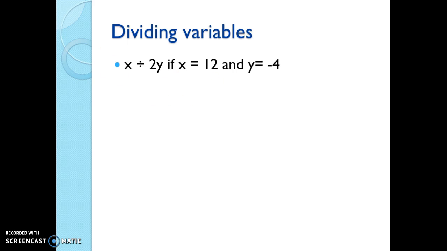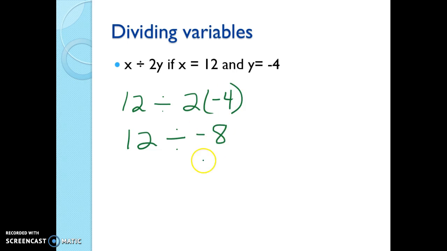Dividing variables. Same thing, plug and chug. Let's substitute 12 for our x and negative 4 for our y. Simplify where we can. 12 divided by what's 2 times negative 4 is negative 8.